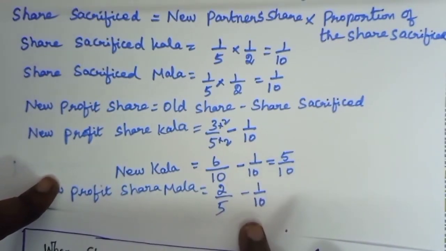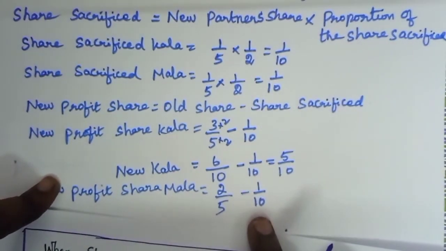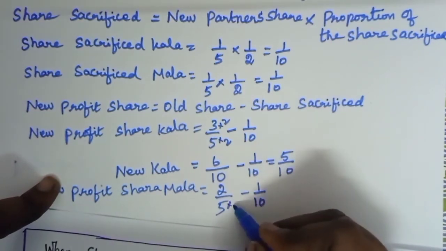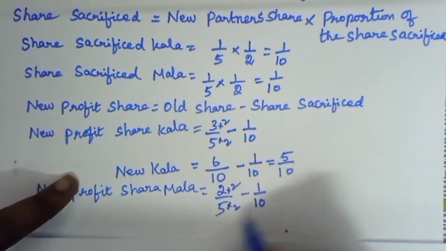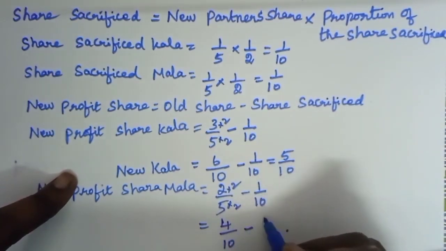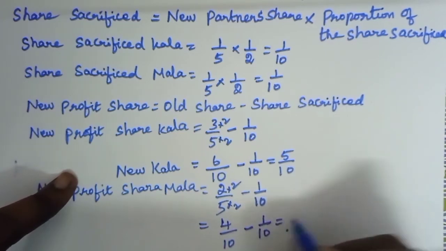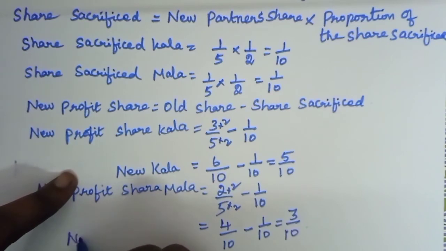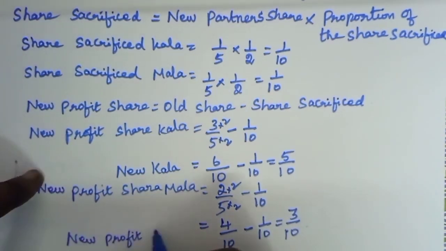Find out the LCM. 10 is LCM. Multiply with 2. 2 2s are 4, 5 2s are 10. 4/10 minus 1/10, we will get 3/10. This is the new profit share of Mala.